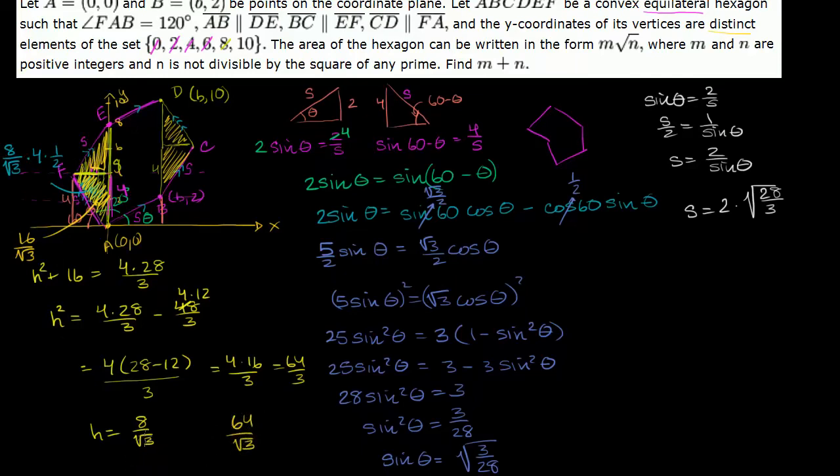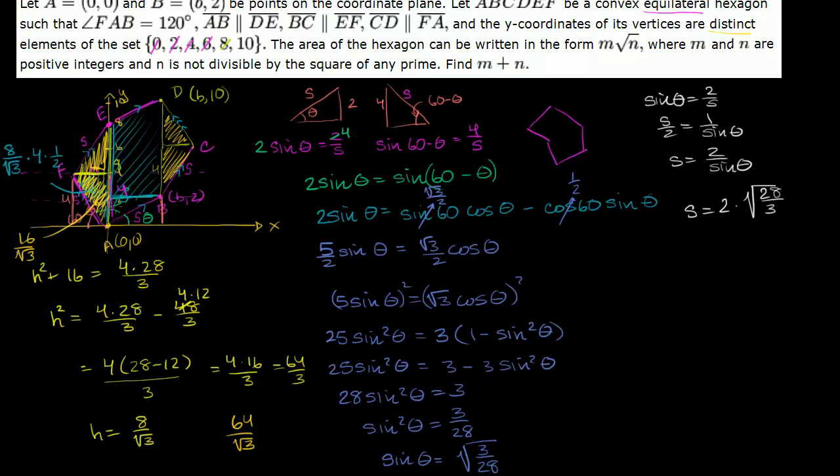Now the only area we have left to figure out is the area of this parallelogram in the middle. Now we know the base of the parallelogram. The base of this parallelogram is 8. We just have to figure out its height. And once again, we can use the Pythagorean theorem.